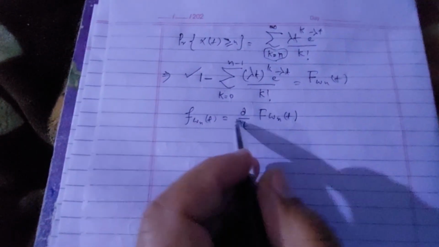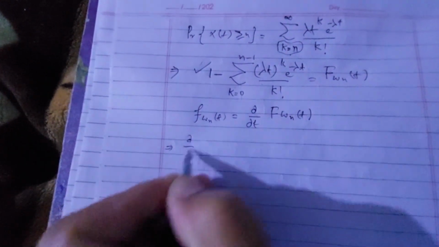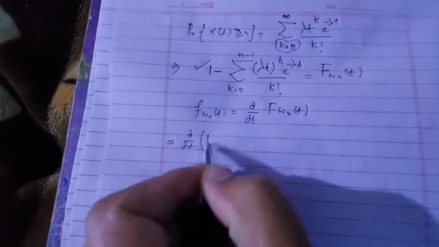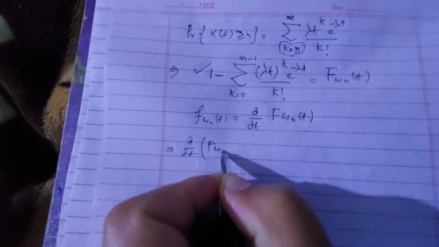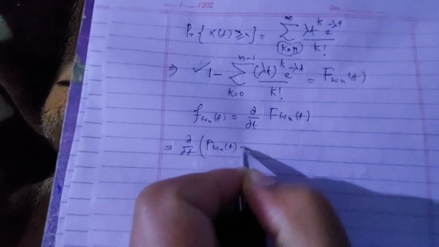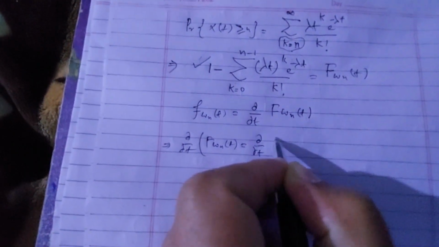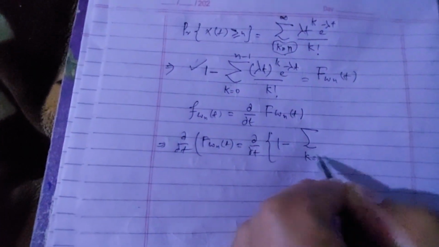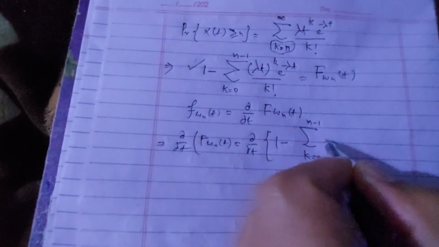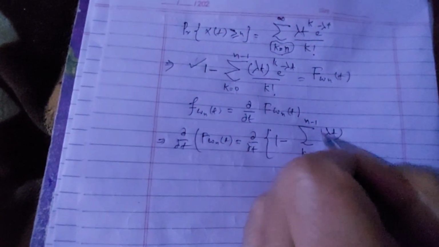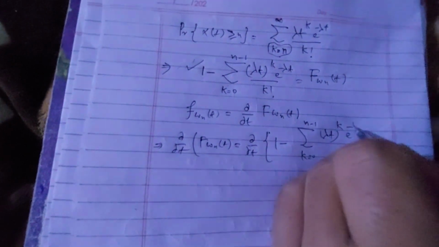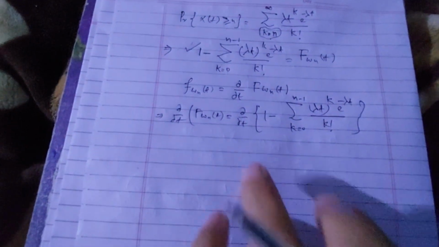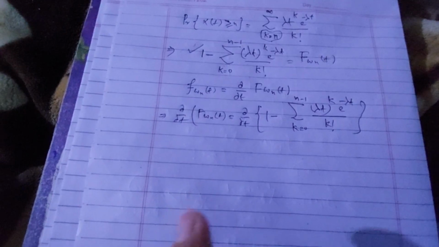So when we differentiate, we get d by dt of capital F W n of t equal to d by dt of 1 minus the summation of k from 0 up to n minus 1 of (lambda t)^k e^(-lambda t) divided by k factorial.